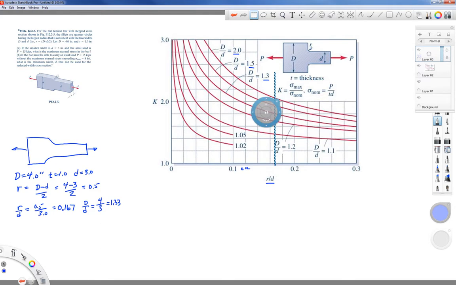Okay, and you know, these are pretty approximate. So when you have one of these on a test or something, show your work, show your lines, and I understand that not everybody's going to read the graph exactly the same. All right, now we're going to bring that over with a horizontal line.